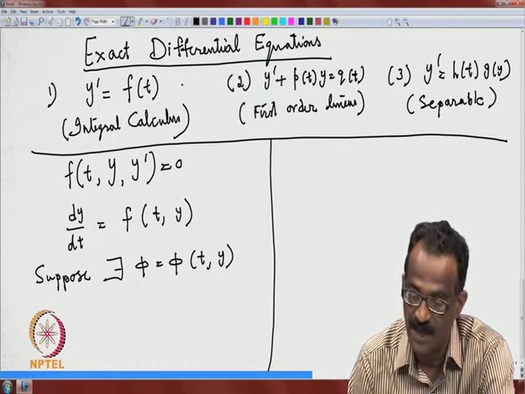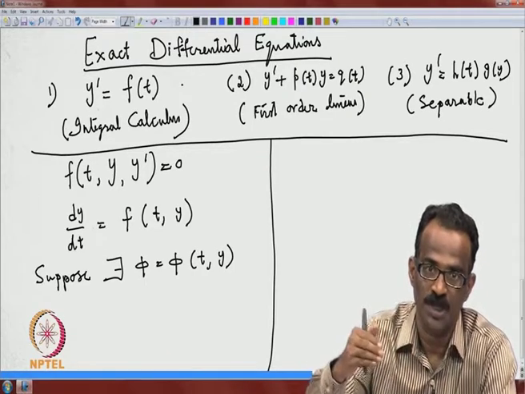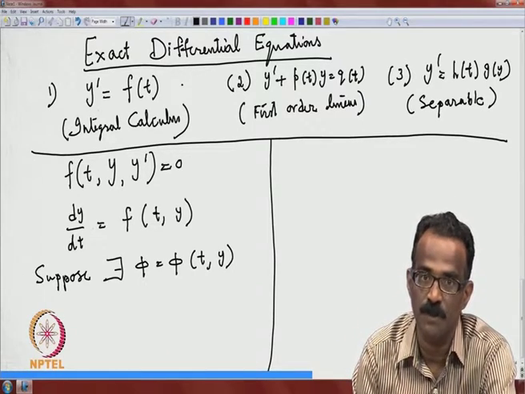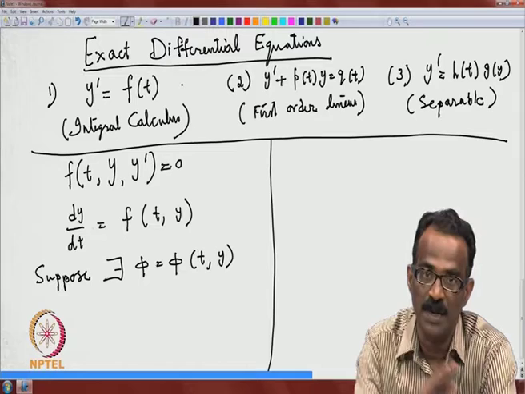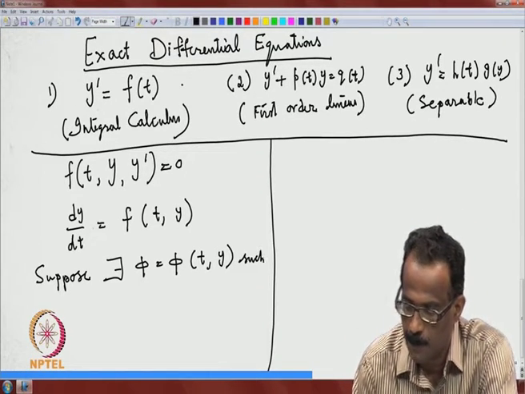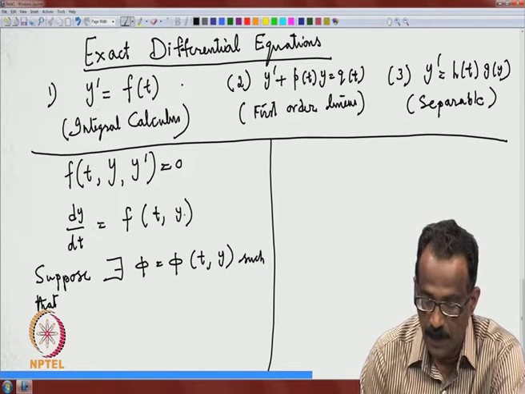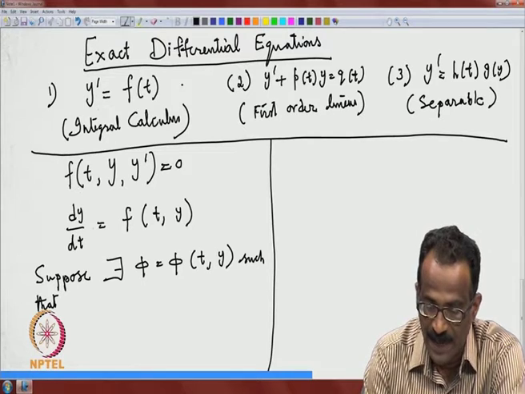When I write y t, then you are basically restricting y t to the solution curves. At present, it is a function of two variables in the t y plane, such that you can write this equation.